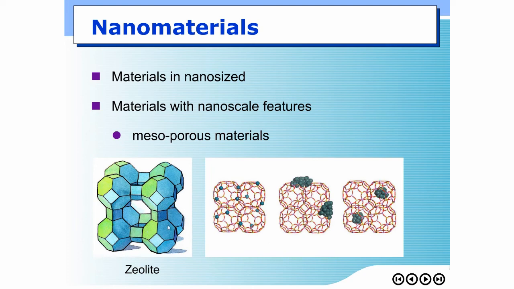For instance, if you disperse metal catalysts around zeolite, you can use the high surface area of zeolite as your advantage.